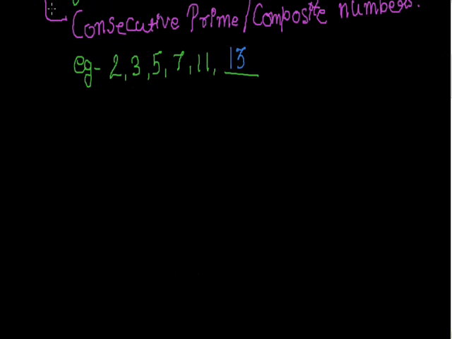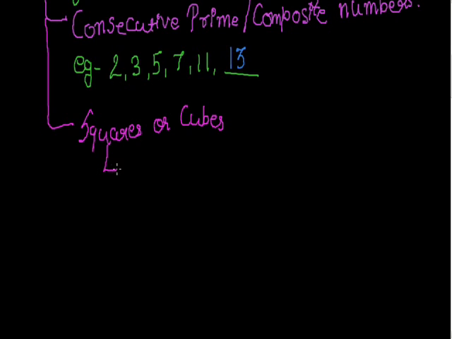Now the third pattern of the number series is square or cubes of some number. In this, let us take first type, that is without variation.